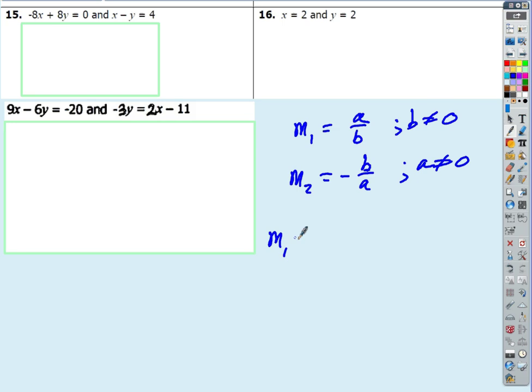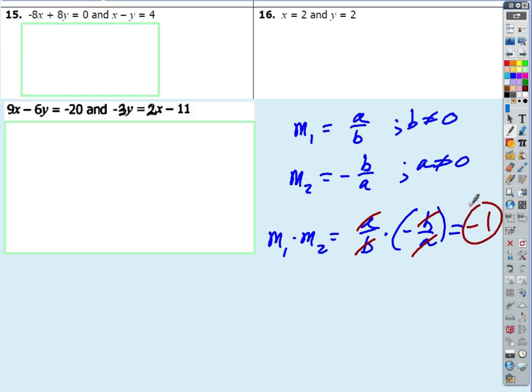This is kind of interesting. I get a over b times negative b over a. Everything cross cancels, and I get 1 times -1 is -1. So the product of the slopes of perpendicular lines is always -1.